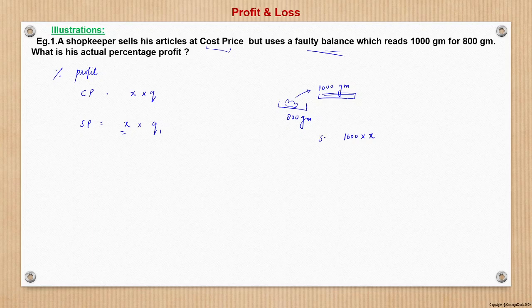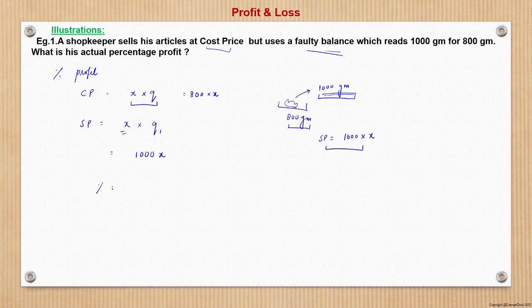So what is the selling price the shopkeeper receives? That is 1000x, right? Whereas the actual cost is that he had put an item which actually weighed only 800 grams. So it is 800 into X, the cost price. Selling price is 1000x.